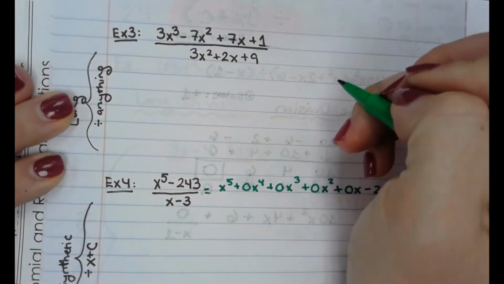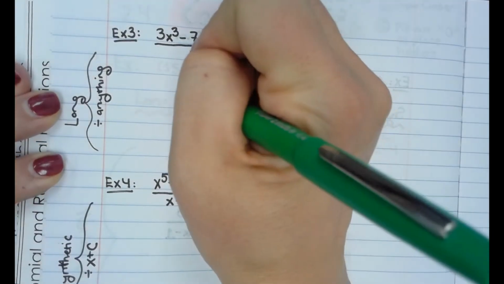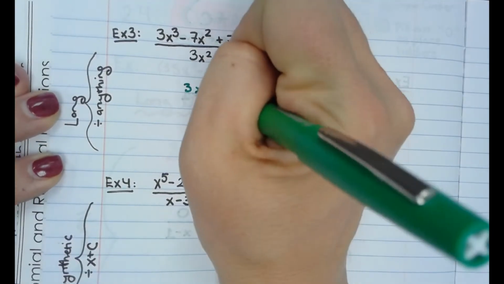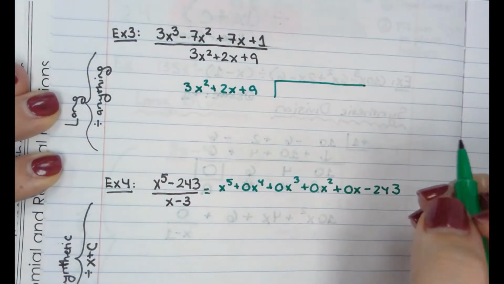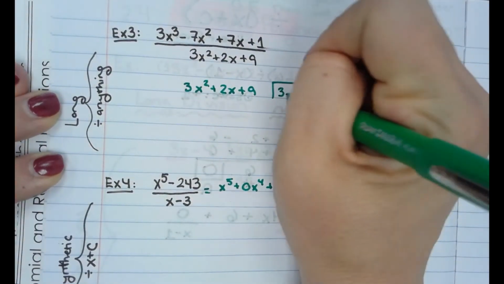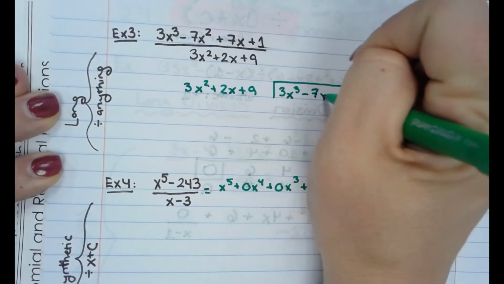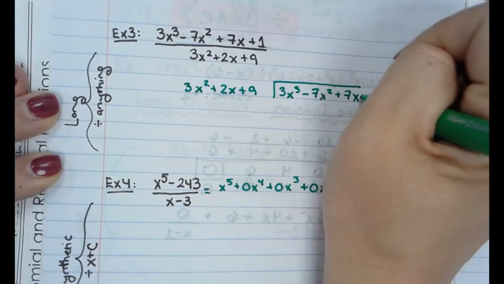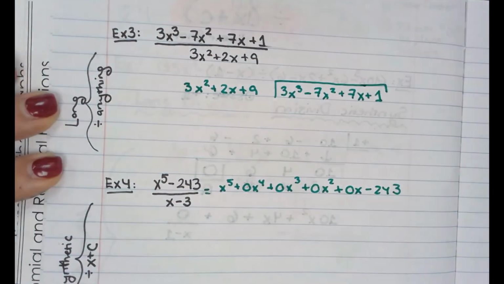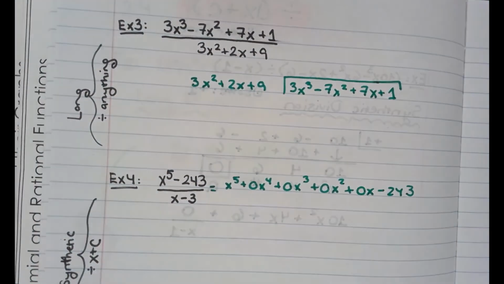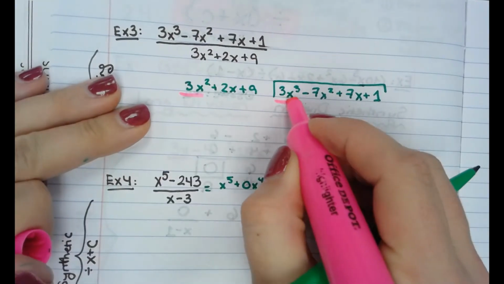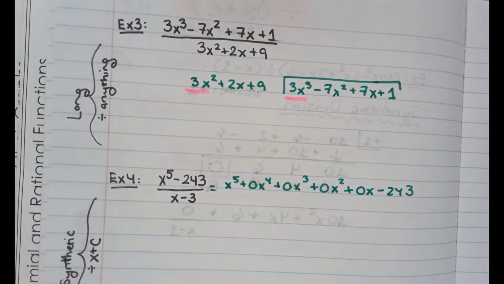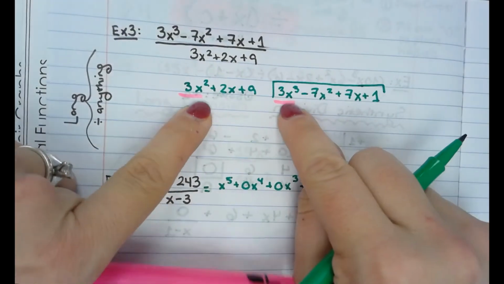I'm going to stick this guy to the outside. We are all set up, ready to, okay, focus first term to first term. 3x squared times what will get you to 3x cubed? 1x, good.